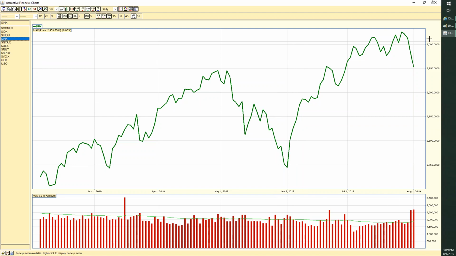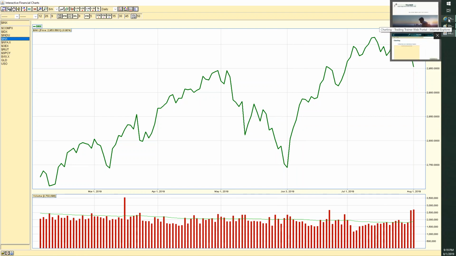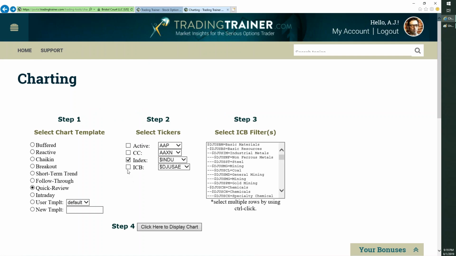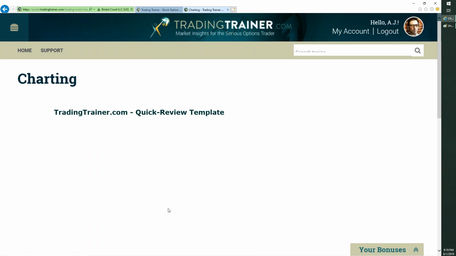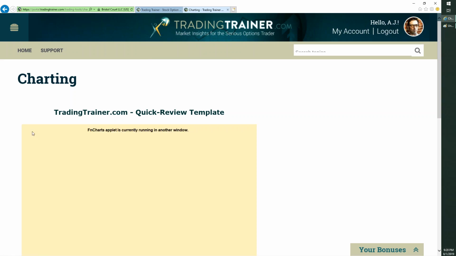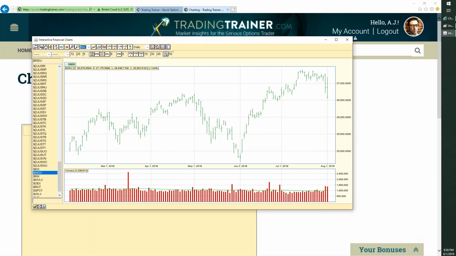So for instance, in our software, and again, everybody's got access to different charting packages, we actually have our sectors just available to us, which makes it a little bit easier. We'll pull up our charts, and you can just go down the list of the sectors and see how they compare to the broad market.